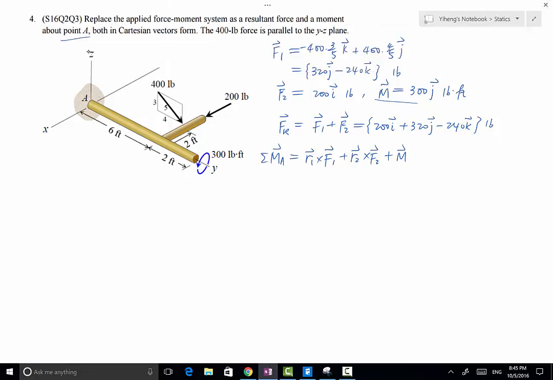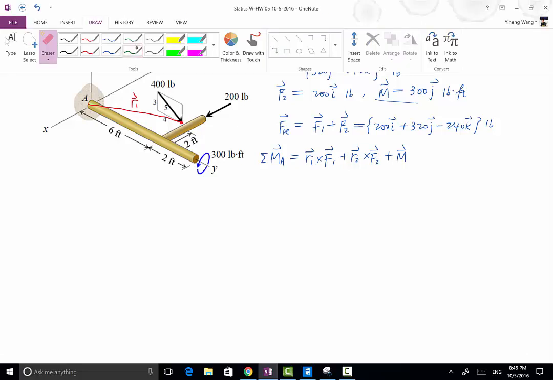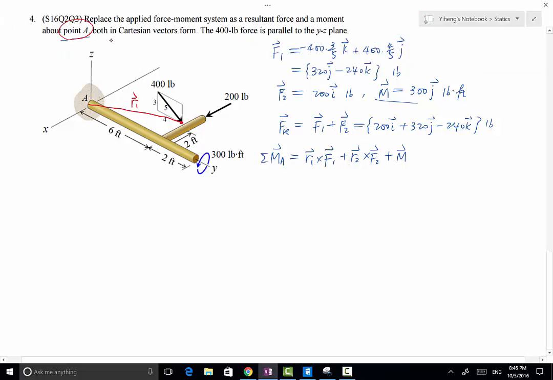These two are position vectors, and they need to start from point A because we're summarizing the moment about point A, and it needs to end on the line of action of the force. Therefore, for R1, we're going to choose this position vector from point A to this point right here. And then for R2, remember the position vector needs to start from point A and it can end anywhere along the line of action of the force.